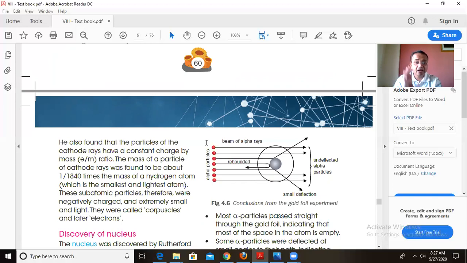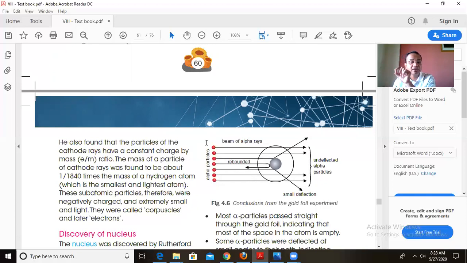Now these subatomic particles traveled from cathode to anode and were deflected towards the positive plate. Sir J.J. Thomson said that they traveled from cathode to anode, but were also deflected towards the positive plate.